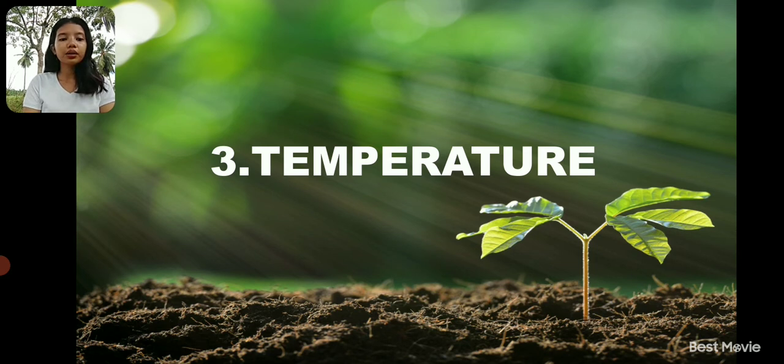At very low temperatures, the rate goes on very slow, but as the temperature rises, the process becomes faster and faster. The optimum temperature for photosynthesis is about 30 degrees Celsius. The rate of photosynthesis at this temperature is the fastest.